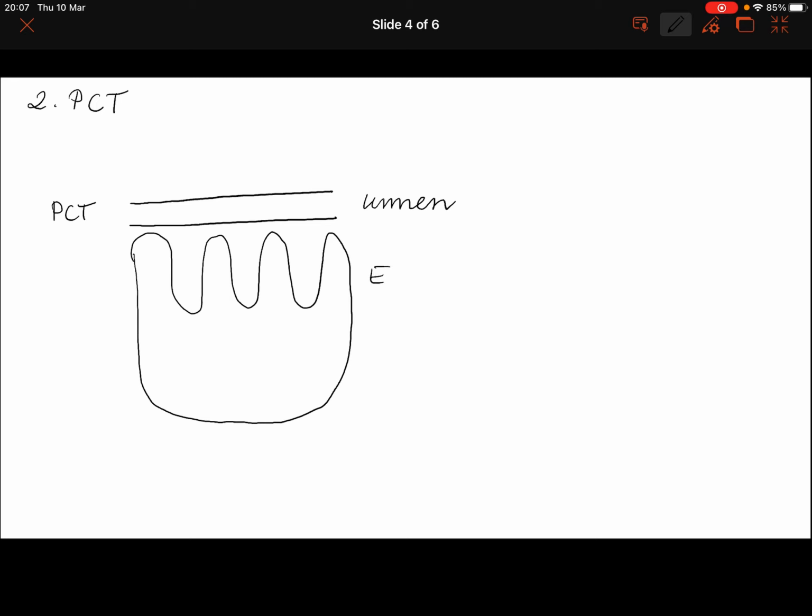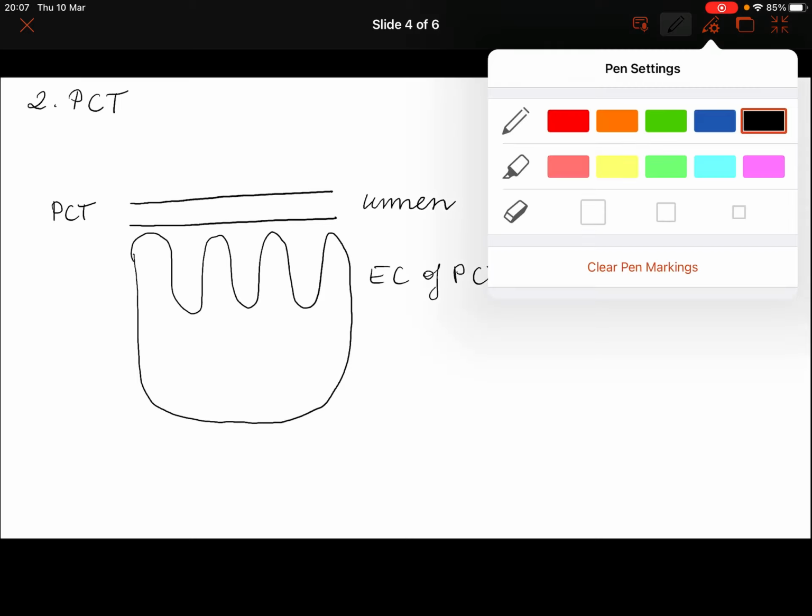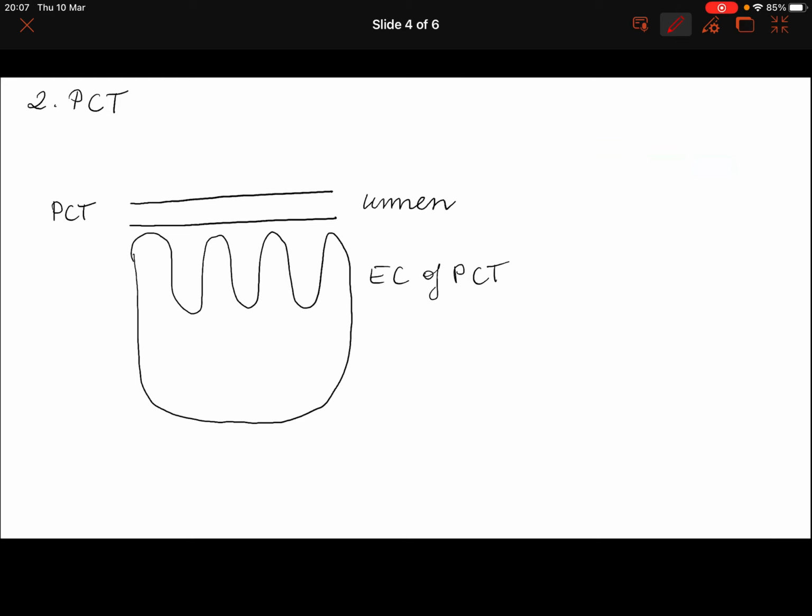So, epithelial cell of the proximal convoluted tube. And of course, as we've said, that important molecule glucose, we want to reabsorb back. We don't want to lose it with the urine. We want to get it back to our system. We want to get it back to the blood capillaries.